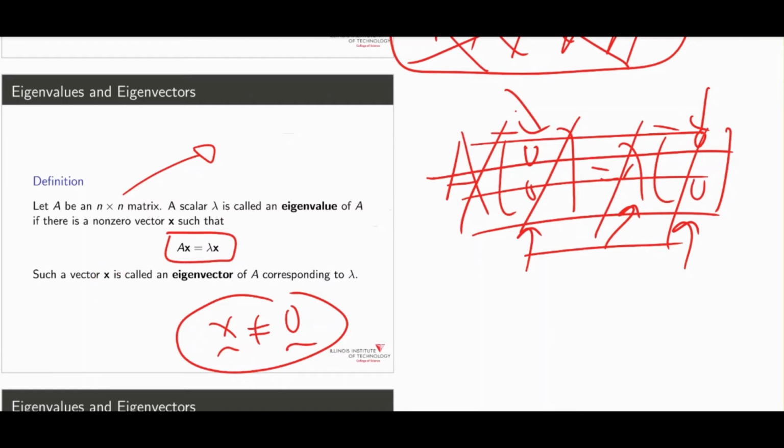So be careful: non-zero vector x. But they never say anything about the lambda. Lambda can actually be equal to 0. All right, so make sure you know that if you have a non-zero vector x, you multiply it with A and you get lambda x, then this lambda here is known as the eigenvalue, and this non-zero vector x here is known as an eigenvector, okay?